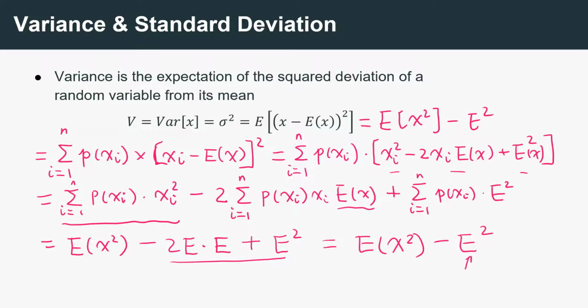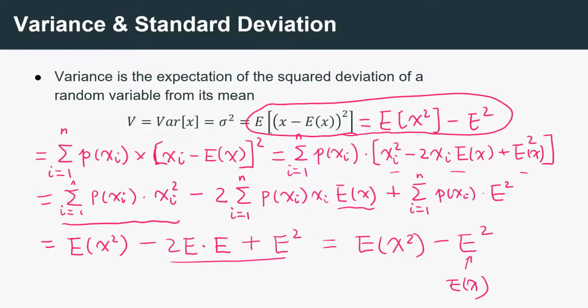So again, here this e is ex. So we ended up with this expression here. So the variance is just equal to the expectation of x squared minus the square of the expectation.